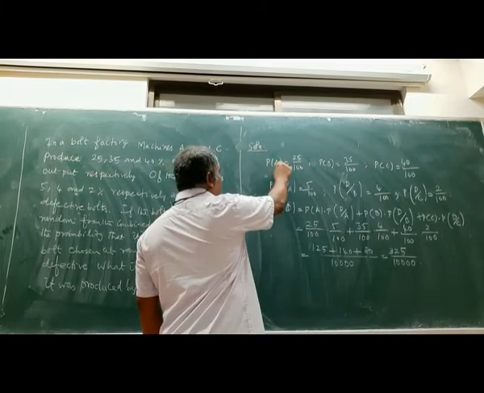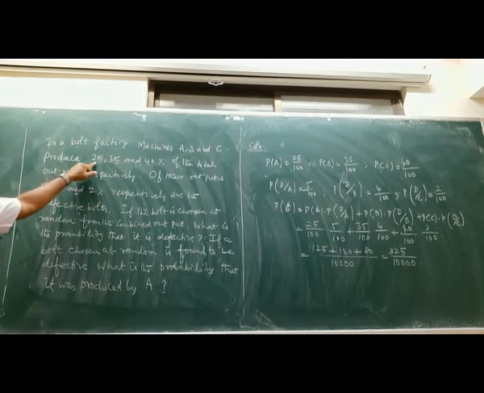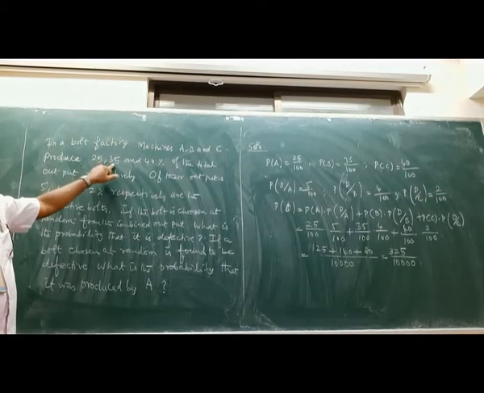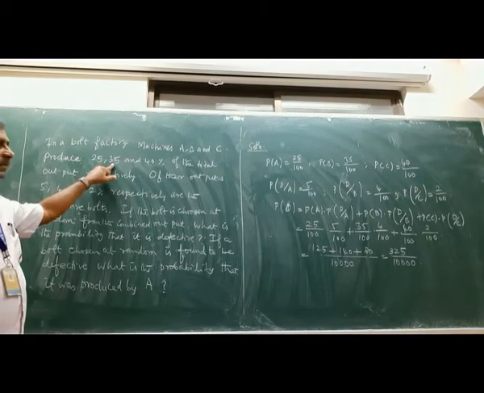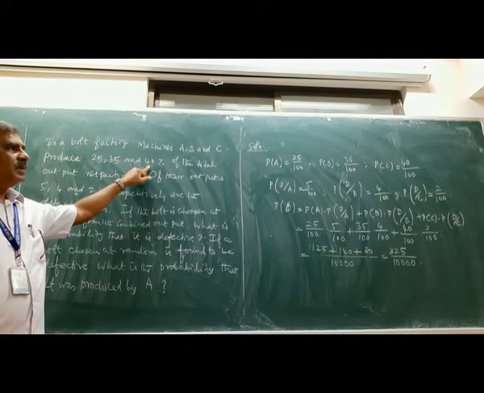So what is the probability of A? Probability of A is 25 by 100. Probability of B is 35 by 100. And probability of C is 40 by 100. What is the second one?